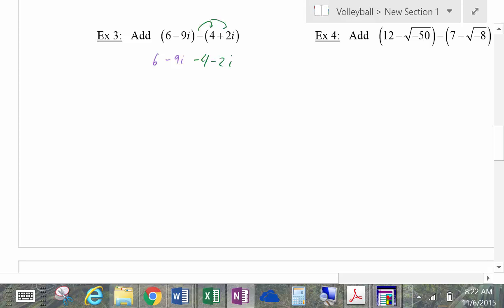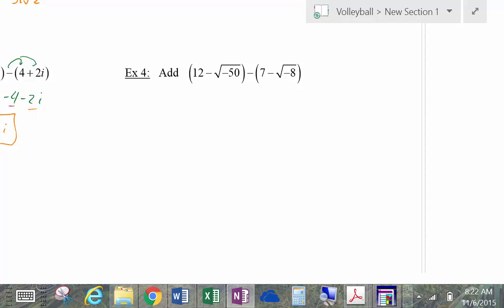Minus 11. Yeah. What minus 11i? 2. Oh, you said 2, sorry. All right, yeah, 6 minus 4 is 2, and negative 9i minus 2i is negative 11i, and that's in a plus bi form. So that's our final answer.